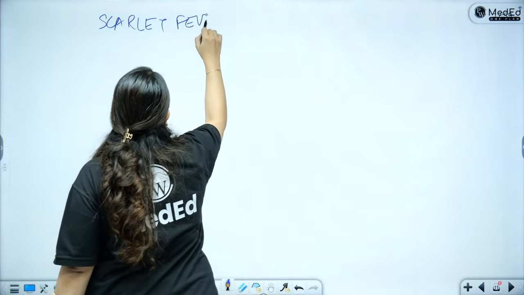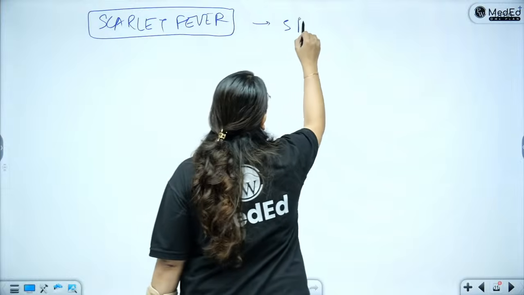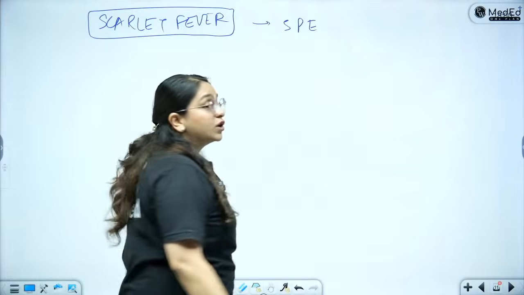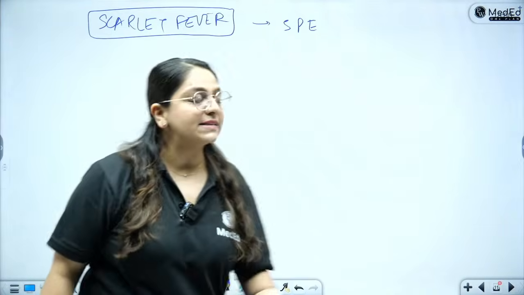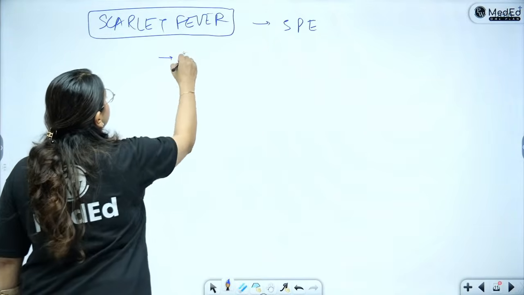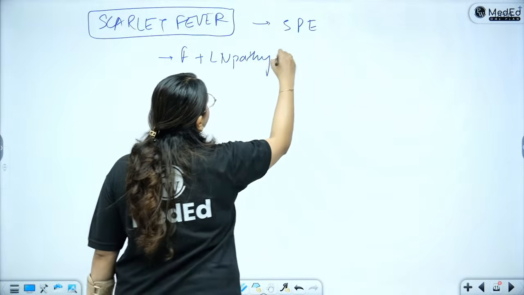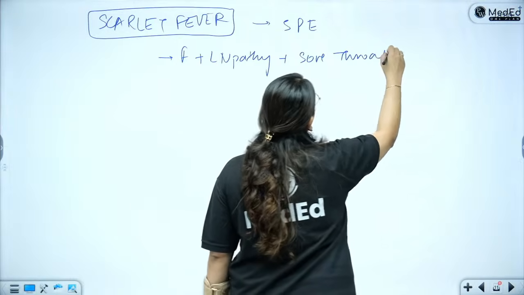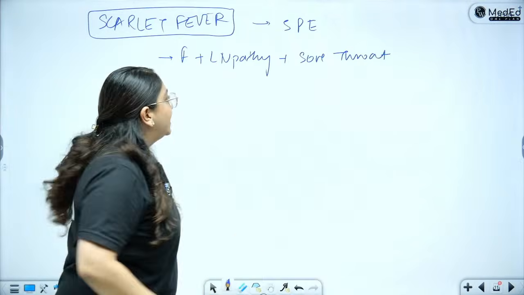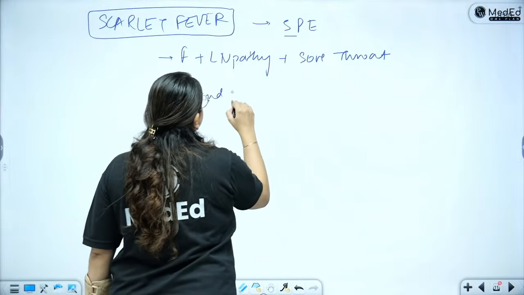So what happens in scarlet fever? Scarlet fever is also because of streptococcal pyrogenic exotoxin, SPE, which explains everything you need to know. Of course there will be fever plus lymphadenopathy plus sore throat in this patient, because it is due to streptococcus. Then SP stands for sandpaper rash.